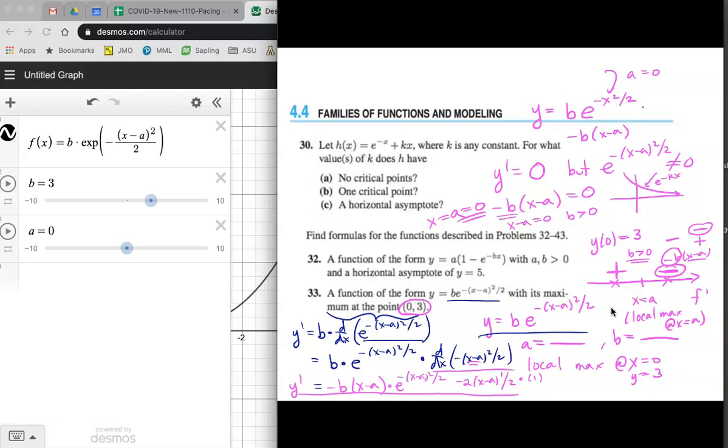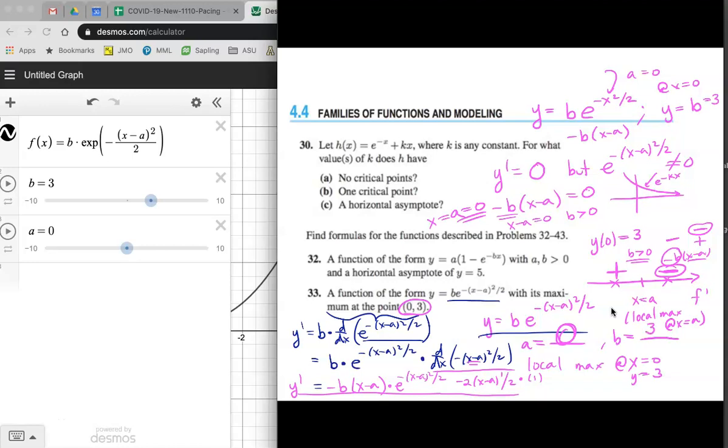And because we want the critical value to occur at (0, 3), when you put in 0 for x, y has to be equal to b. And we want that y value to be equal to 3, so that means that b has to equal 3.